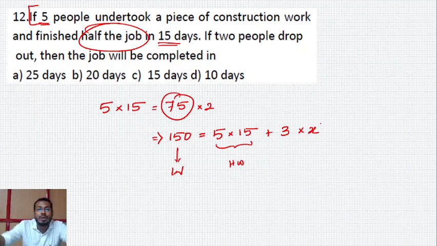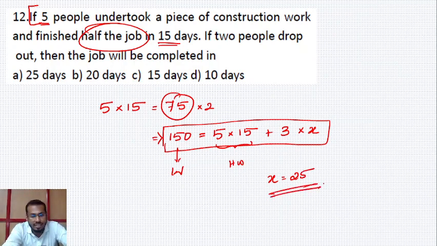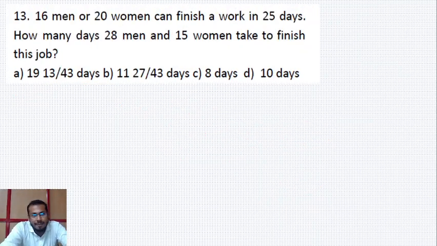Because it takes more days, 2 persons went out of the work. This is the equation. You need to know how to write this equation, then only you will get the answer. Okay, so we got x is equal to 25. So still you need to work for 25 days with these 3 persons to complete the remaining work. This is the right answer. Clear? So the left hand side is work and I compare that work with the men and days.